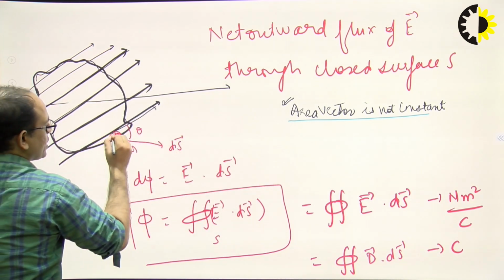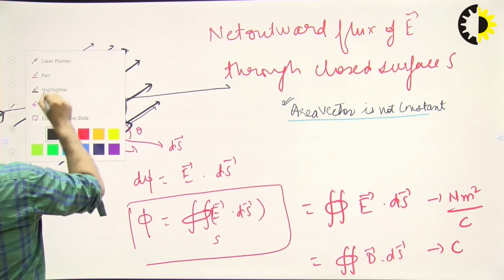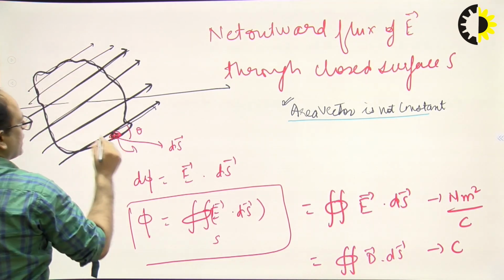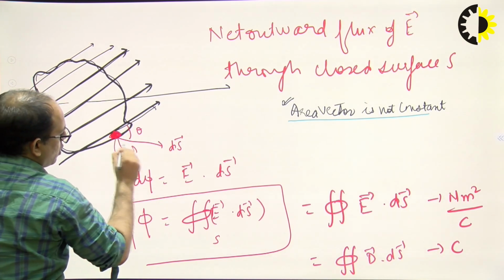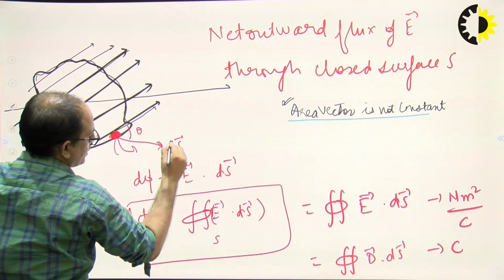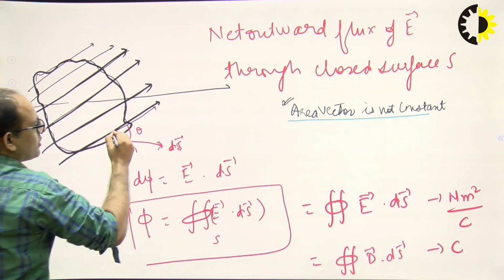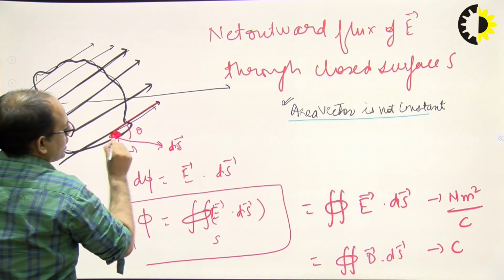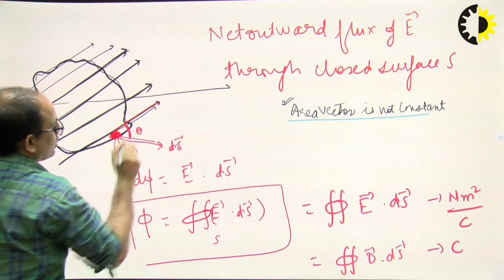Take a small surface area of value ds, and its unit vector will be like this. The angle between this electric field and this unit vector will be, let's say, theta.